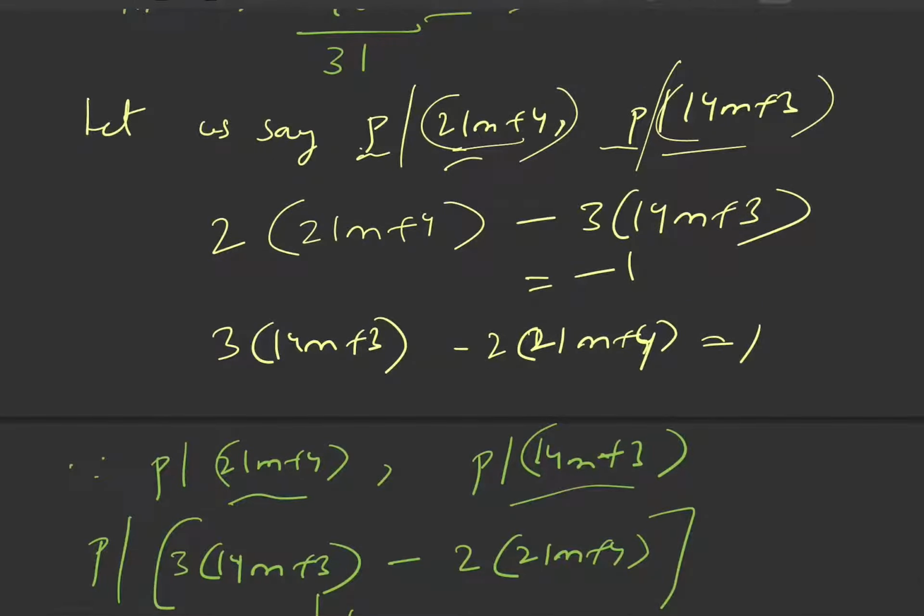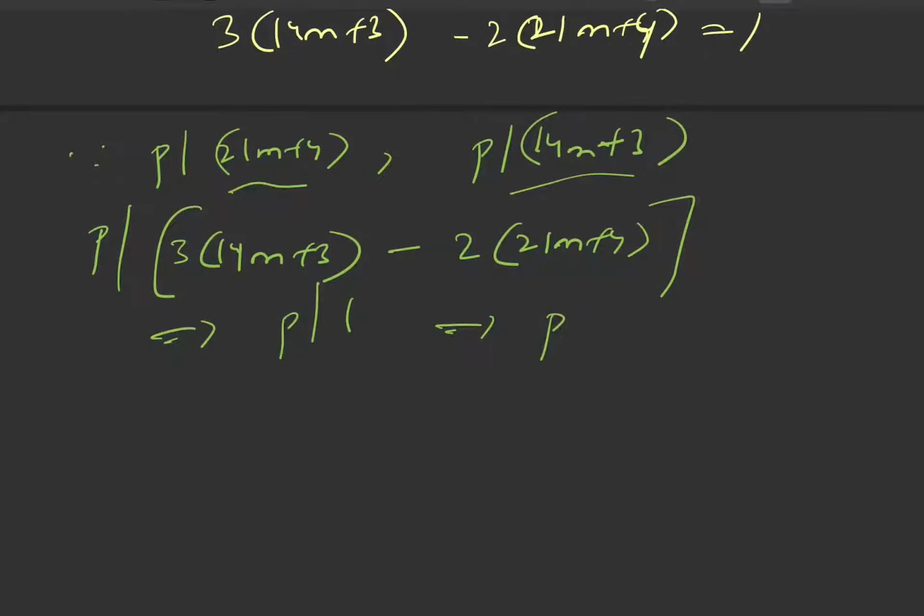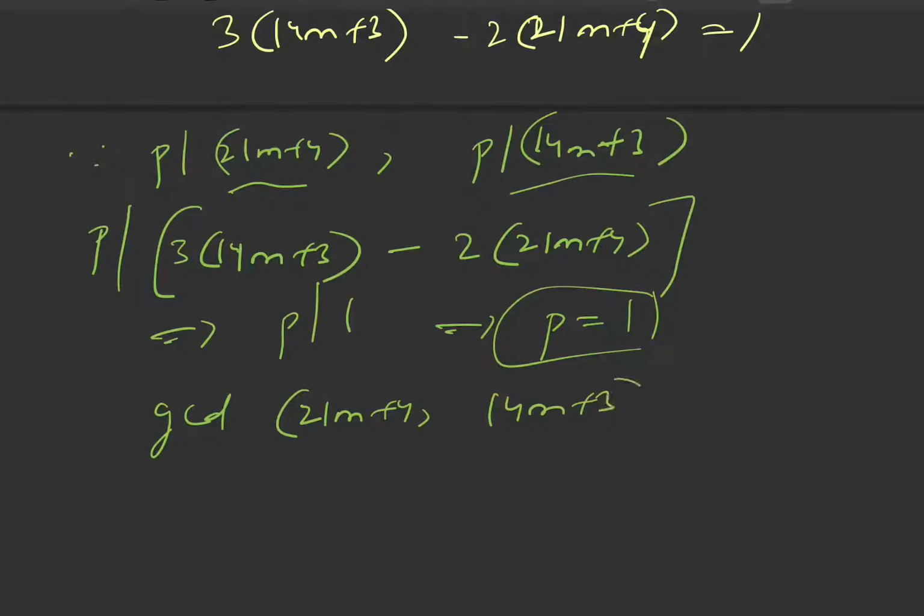So since 21m + 4 and 14m + 3 are natural numbers, I am saying that P is 1, that is, the GCD of 21m + 4 and 14m + 3 is 1 for every natural number, that is for all m belonging to N, right?